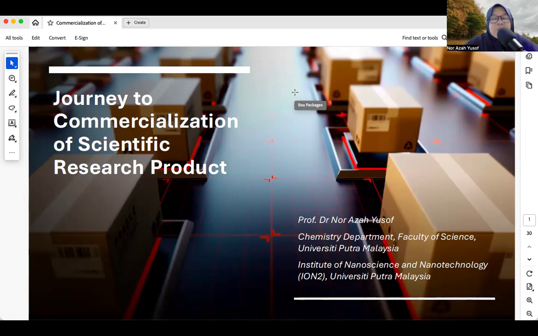So you have to be careful. You have to file the patent as soon as possible. If you think it has some value, then file for patent as soon as possible.